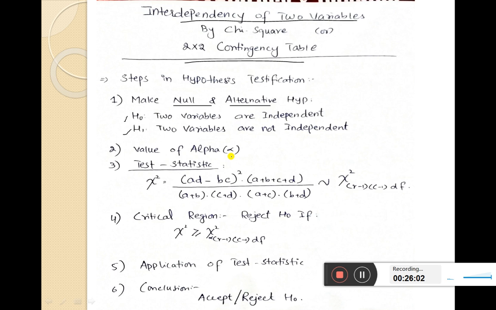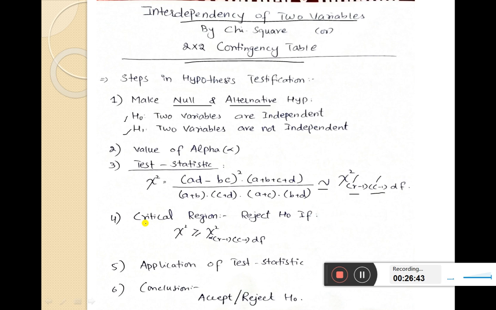Step number 2, value of alpha. The common values are 0.05, 0.1 and 0.01. Then the test statistic formula: chi-square is equal to AD minus BC whole square into A plus B plus C plus D, divided by A plus B into C plus D into A plus C into B plus D. This follows chi-square with R minus 1 and C minus 1 degrees of freedom. R means rows, C means columns.